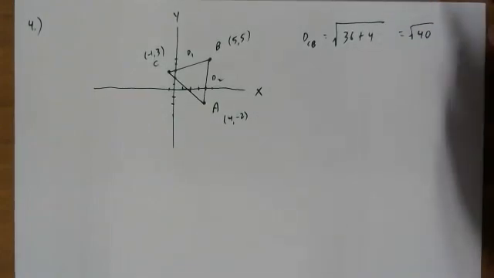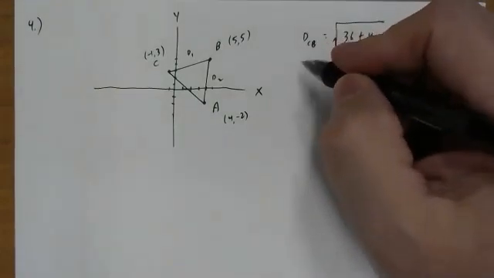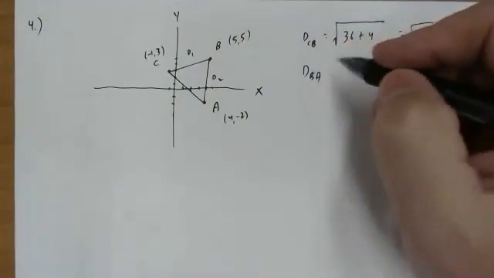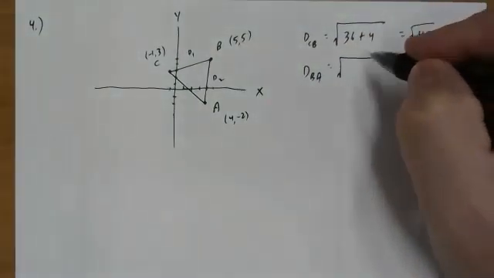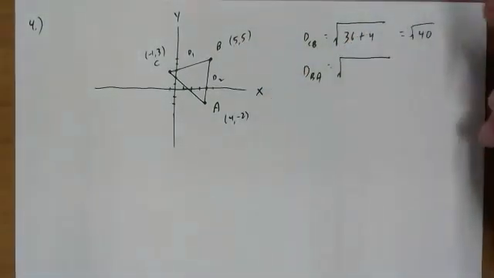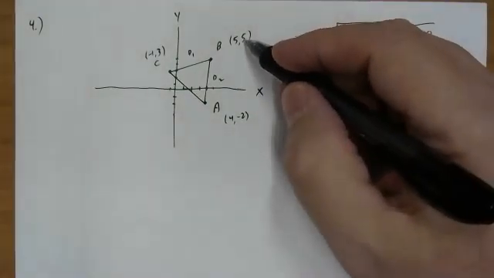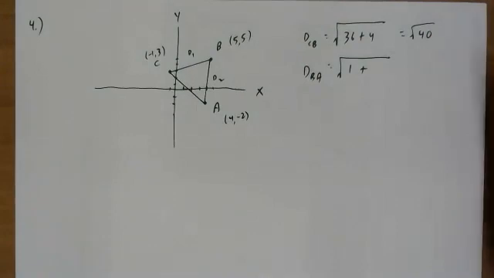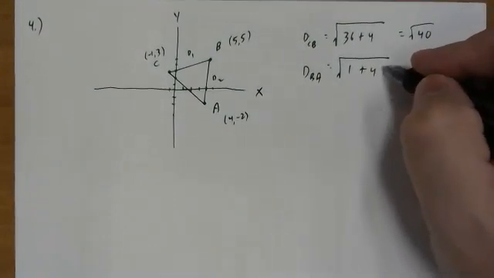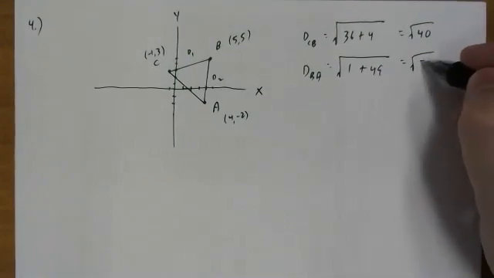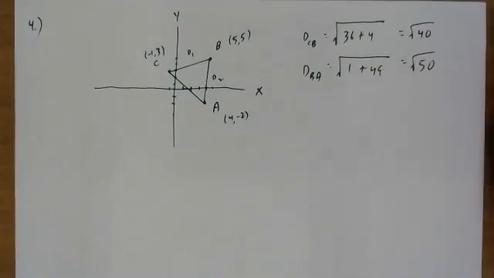I'm not even going to simplify it. It's unimportant for this problem. Now let's look between B and A. 5 minus 4 is 1. 1 squared is 1. 5 minus -2 is 5 plus 2 is 7. 7 squared is 49. Well, looks like those aren't the same.